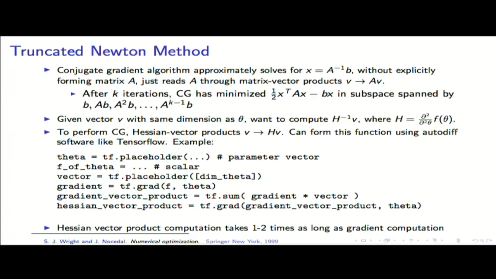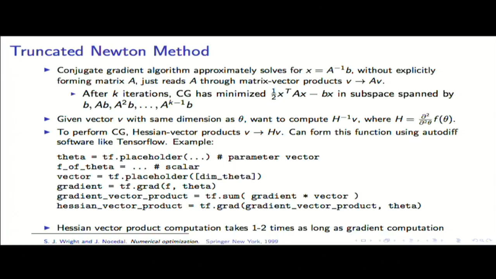But the conjugate gradient algorithm never forms the matrix. It only reads the matrix by computing matrix vector products. So it takes vectors v, and you have to be able to compute the matrix vector product A times v.